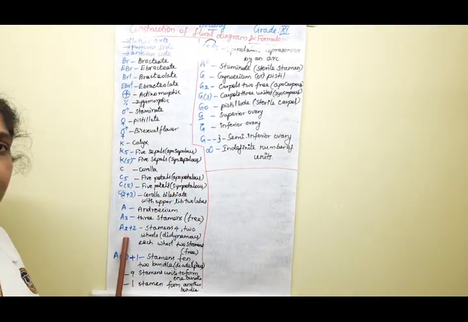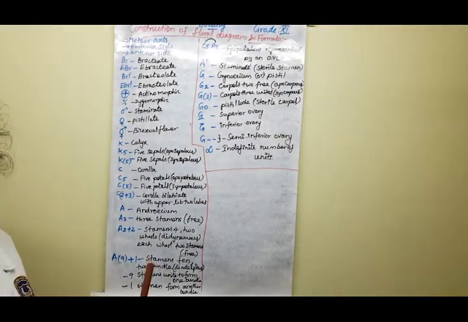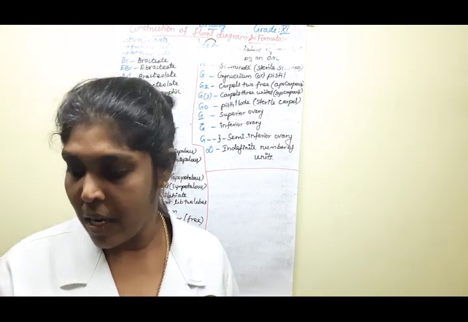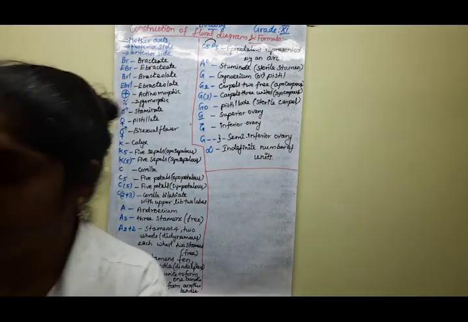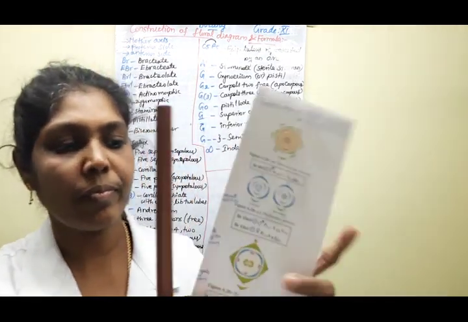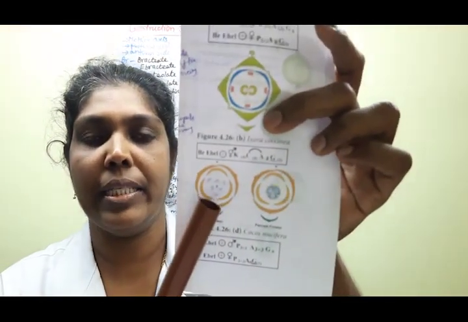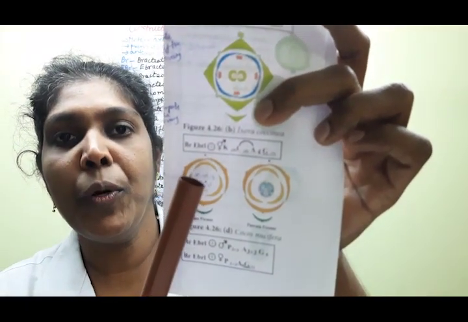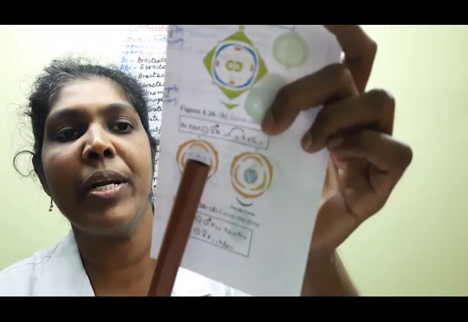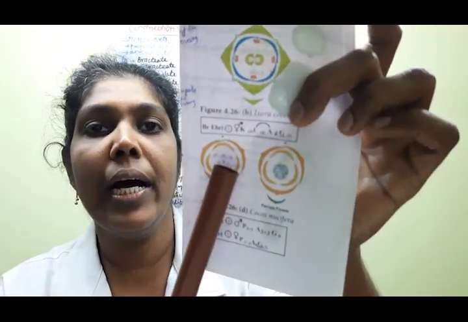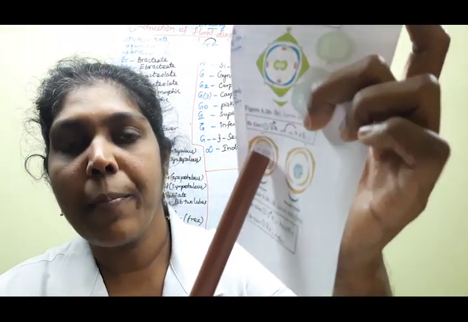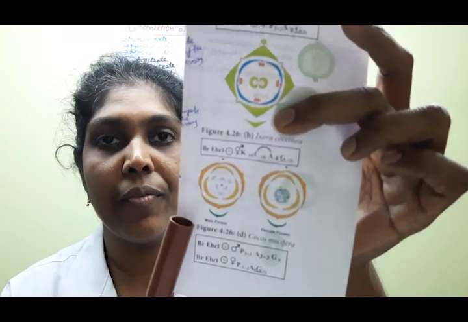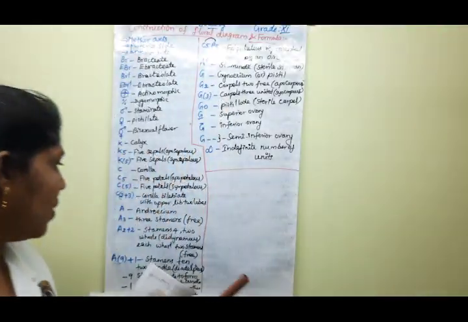Suppose in some cases the stamens are present in 2 whorls. For example, everyone should see this diagram, children. This is a floral diagram representation. If we see, this is the center region, and the blue color denotes the stamens, no? Here 3 stamens are present in one whorl and the remaining 3 stamens are present in another whorl. This is the condition I am going to explain.